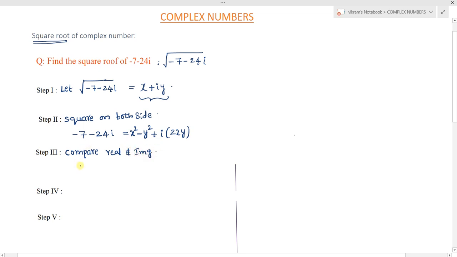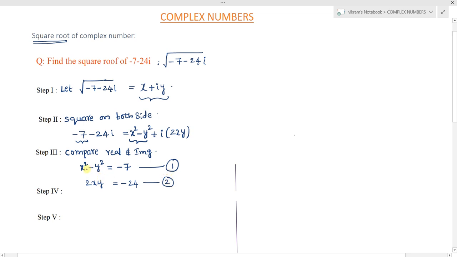Then x square minus y square is the real part, which equals minus 7. Let this be equation 1. And we get 2xy equals minus 24, which is equation 2.